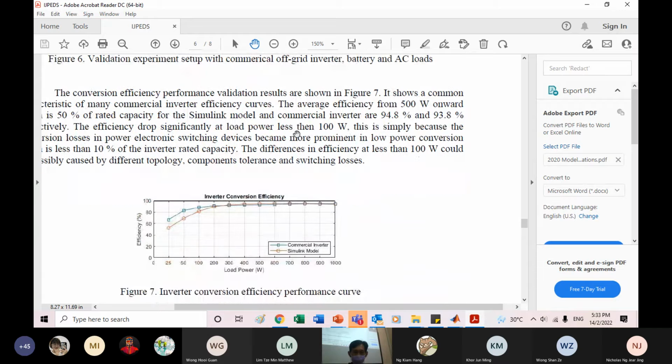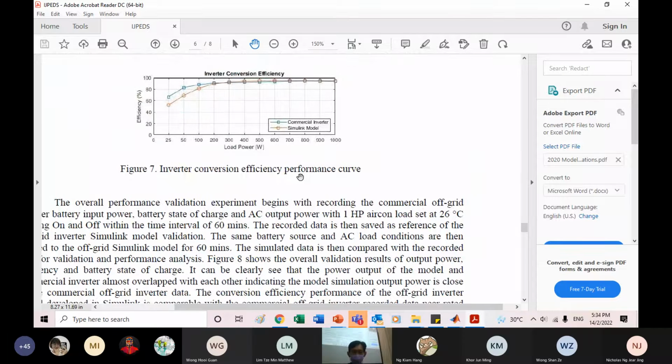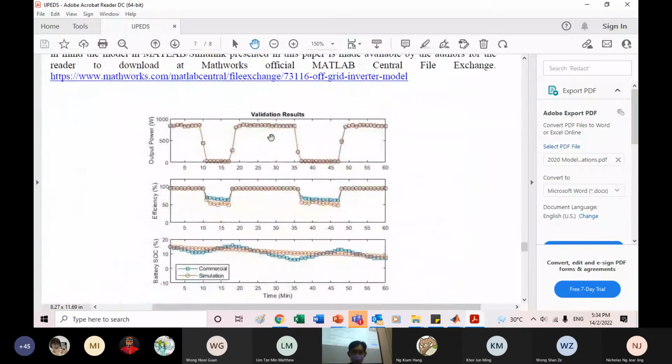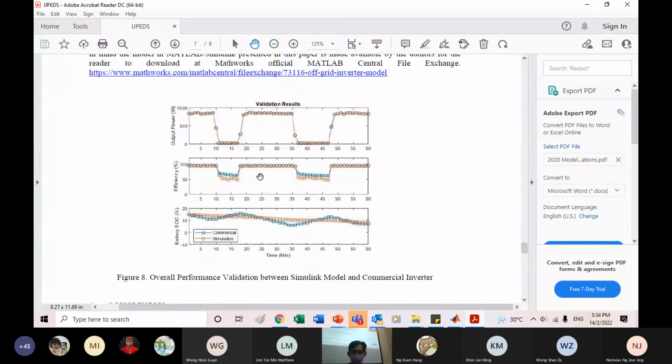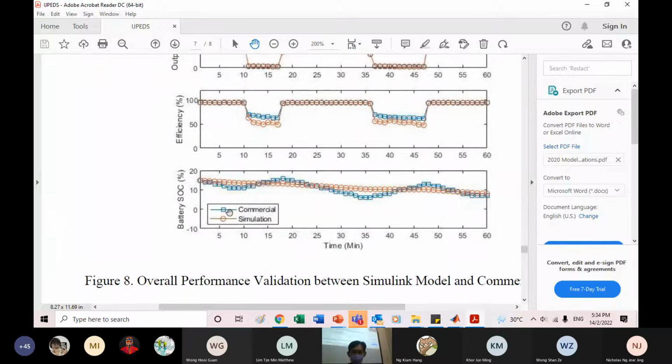And then he calculated the performance efficiency, and the battery charge and discharge. Comparing commercial and simulation, you see it's very accurate. Of course, surely there is a bit of difference, but the difference is not that much.